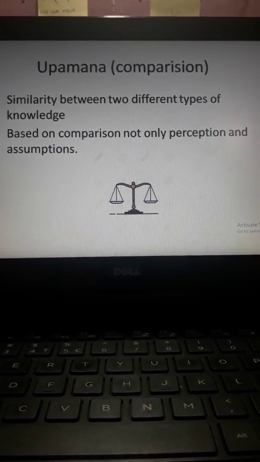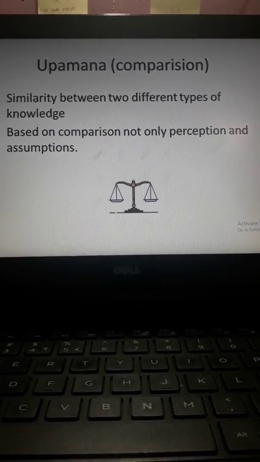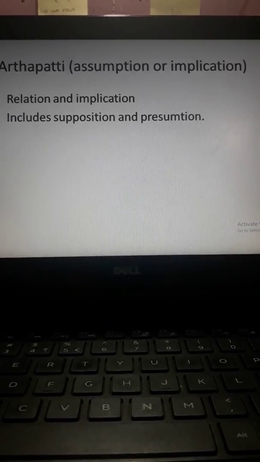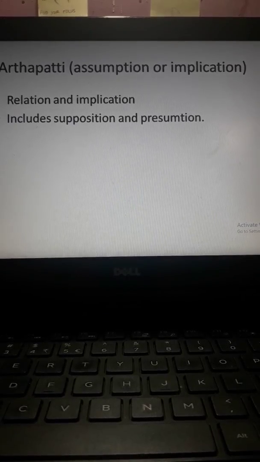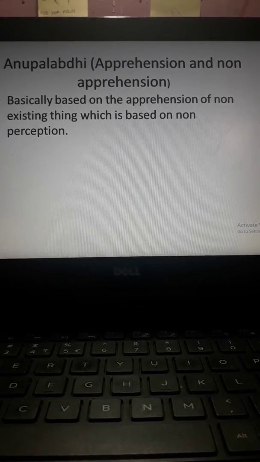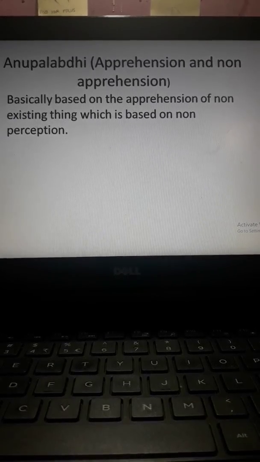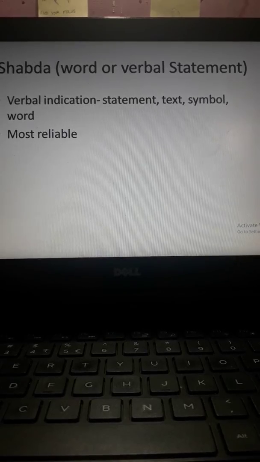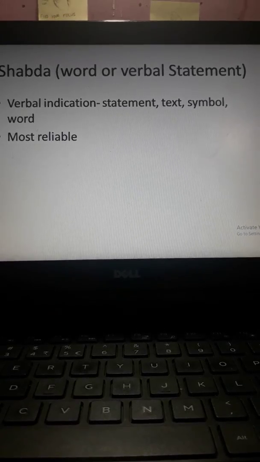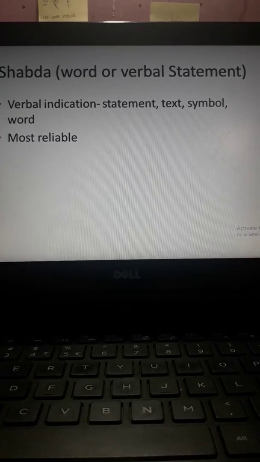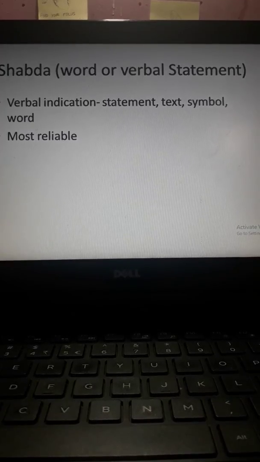Then we have upamana, the comparison based on similarity. Then we have arthapatti, assumption and implication. Then we have anupalabdhi, apprehension and non-apprehension. And we have shabda, the most reliable one, that consists of statements, text, symbols, and words.